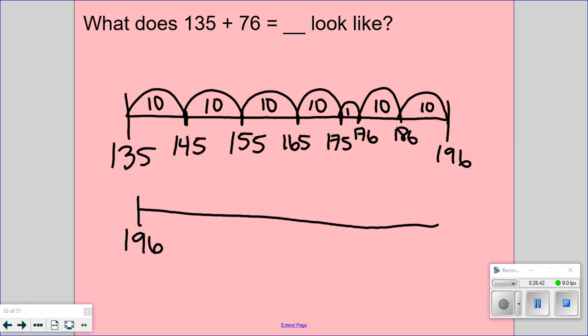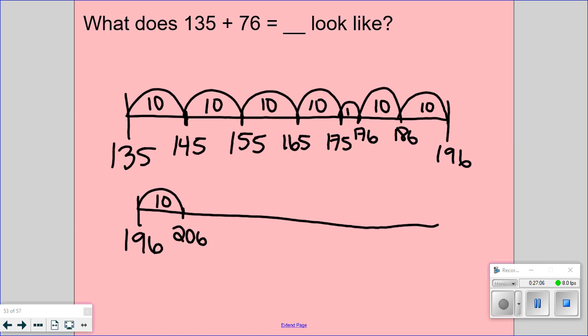Kaden, now what? Another 10? Ooh, tricky. Where am I at now? Beautiful. How far have I gone? Count with me.